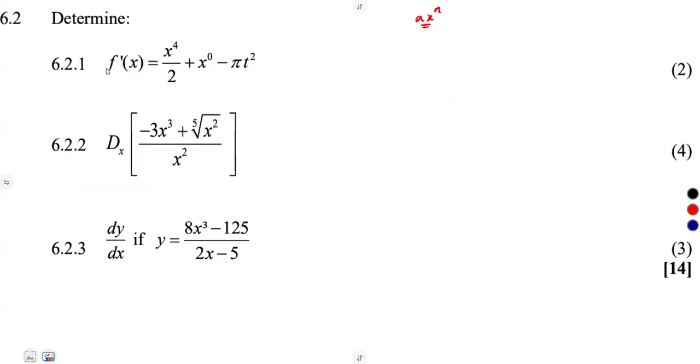All right, so the first part, they wanted us to determine the first derivative with respect to x, but this is wrongly written. It was supposed to be f of x is equal to, but this is what you're supposed to determine. All right, so 6.21, our f of x is equal to x to the exponent of 4 over 2, plus x to the exponent of 0 minus pi t squared.